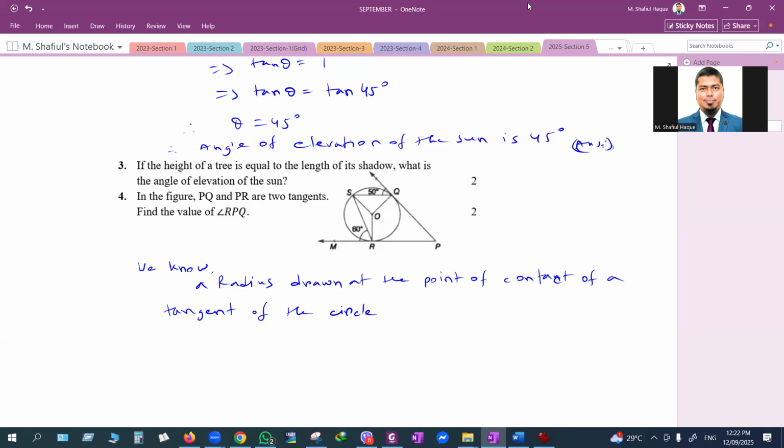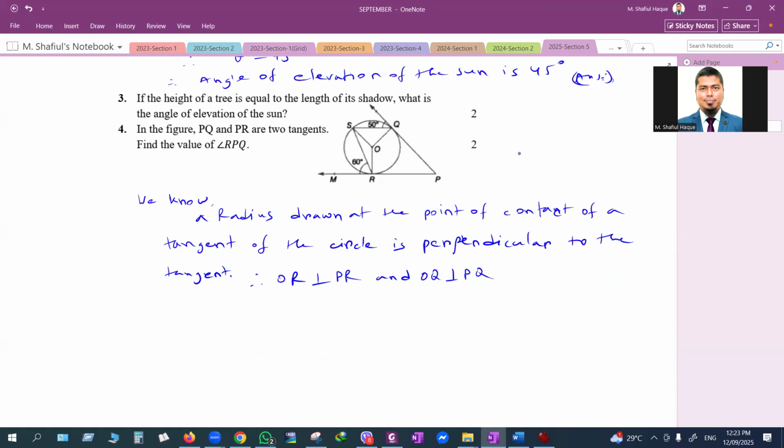is perpendicular to the tangent. So therefore OR is perpendicular to PR and OQ is perpendicular to PQ. Now we denote it SQN.